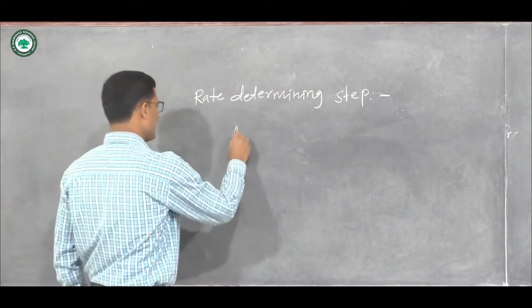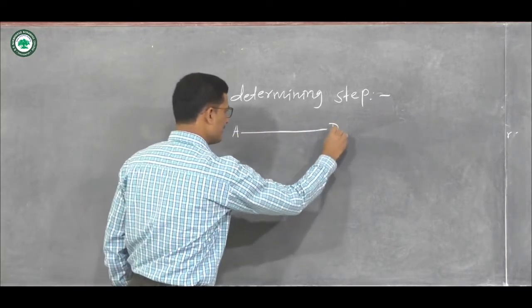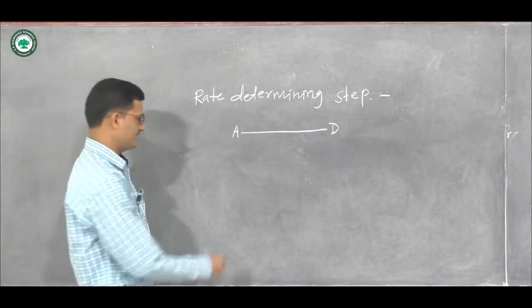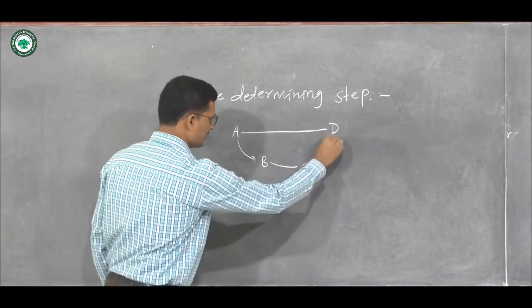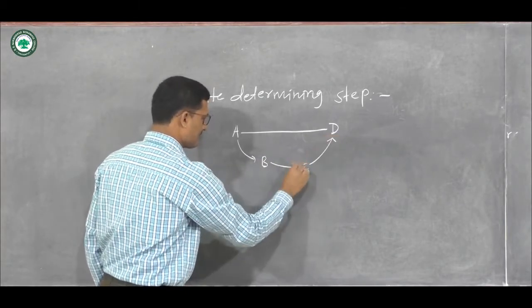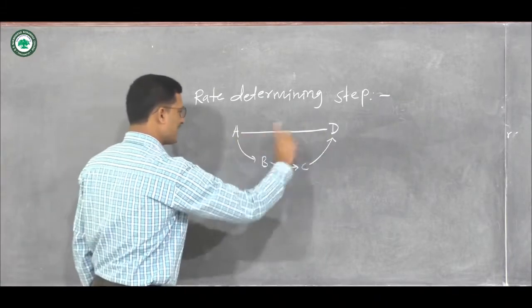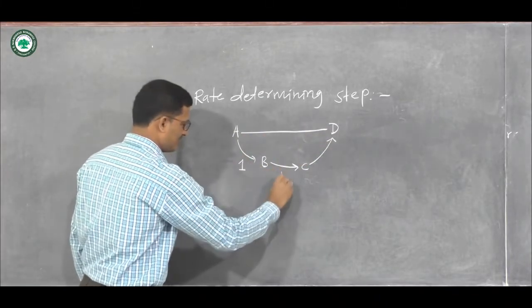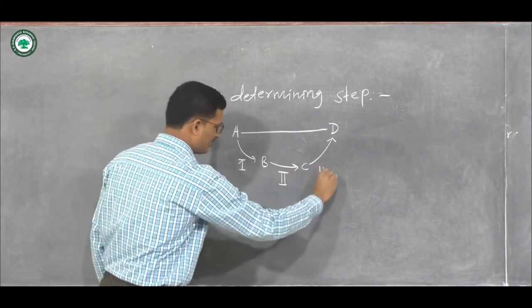Suppose you take a reactant A that is converted into D, but not directly. A is converted into B, B is converted into C, and then C is converted into D. So this conversion of A to D has three steps: this is the first step, this is the second step, and this is the third step.